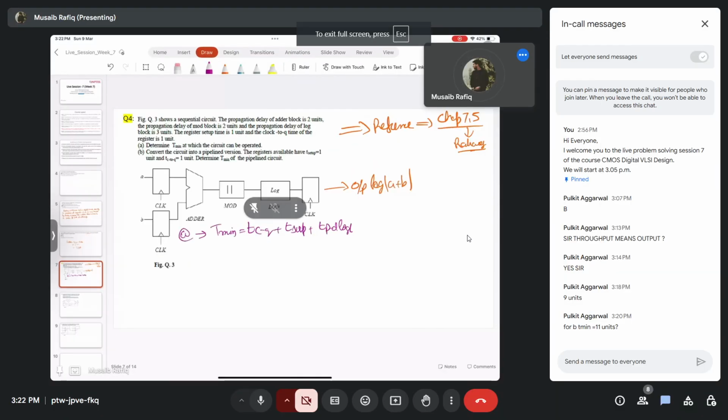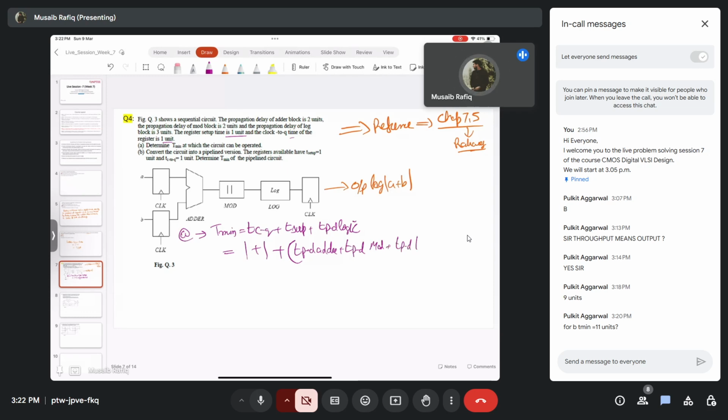So yeah, the first one is pretty clear, right? T min is equal to T clock to Q plus T setup plus TPD logic. The clock to Q is 1 unit, and the setup time is 1 unit. Now TPD logic will be TPD of adder plus TPD of mod plus TPD of log block.